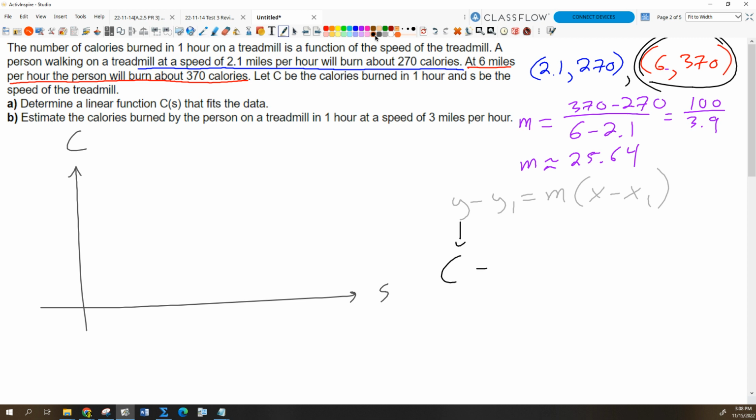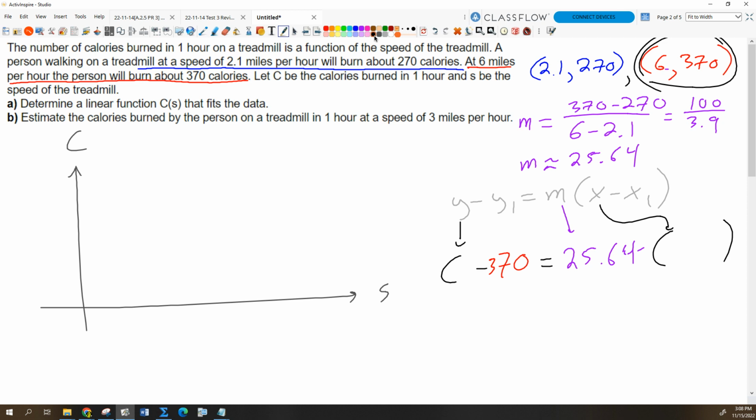So c minus 370 equals, instead of m, we're plugging in 25.64 times the quantity.